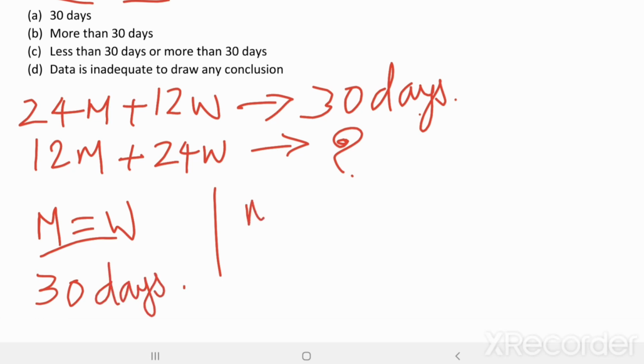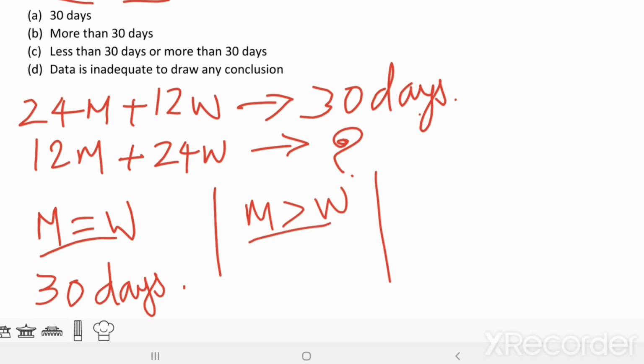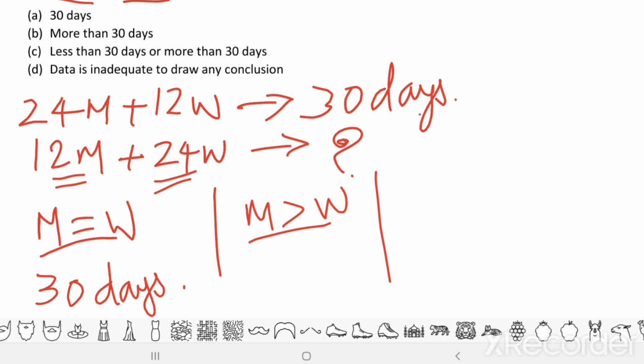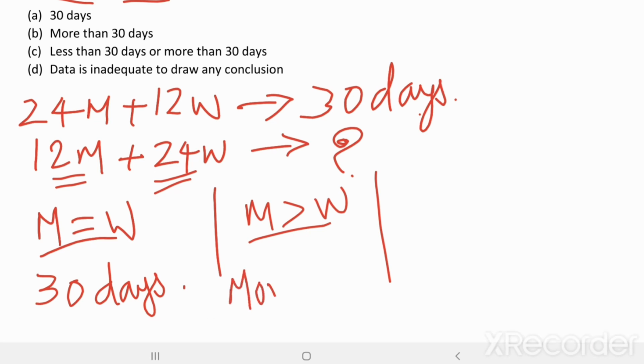If a man is more efficient than a woman, then more efficient men are replaced by less efficient women. That means they will take more than 30 days to finish the work.